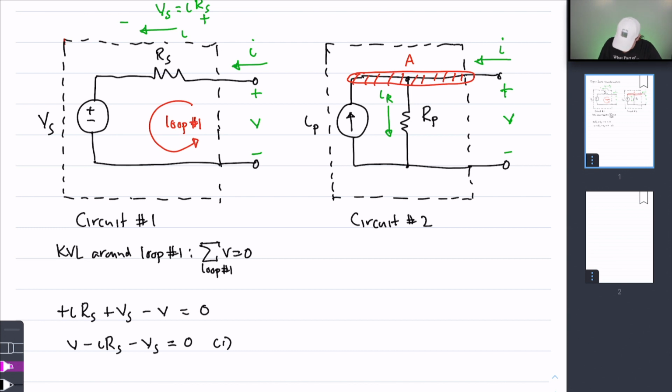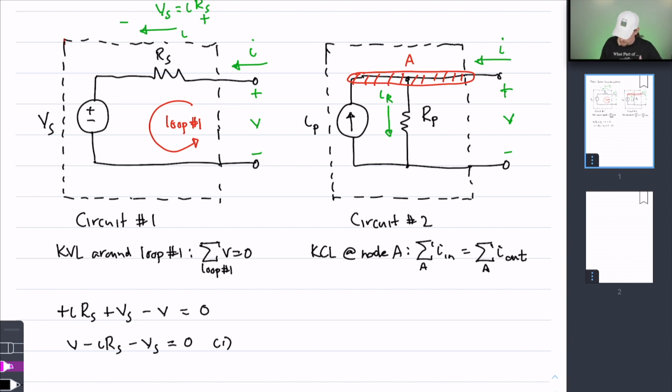So here, for the circuit, I'm going to use KCL at the node A that I just defined. And the version of KCL that I'm going to use is the sum of the currents that are flowing into this node has to equal the sum of the currents that are flowing out of this node. So this is at node A.